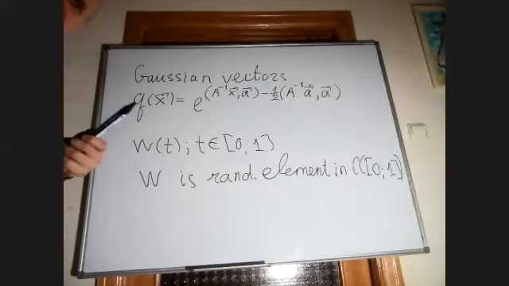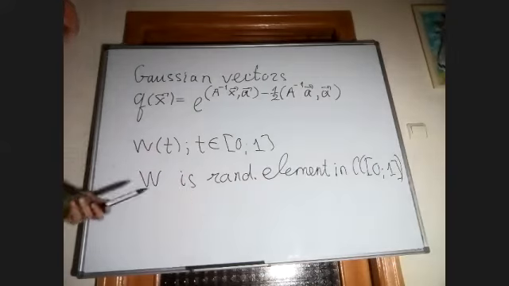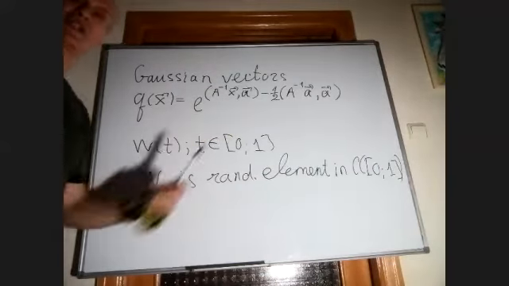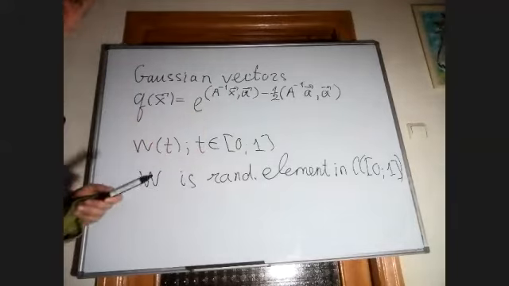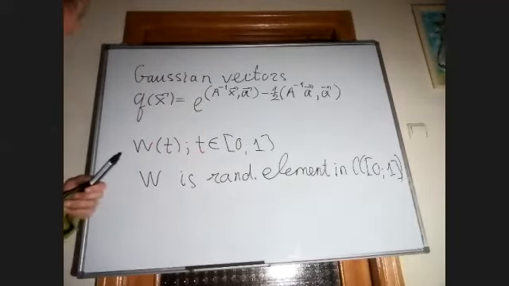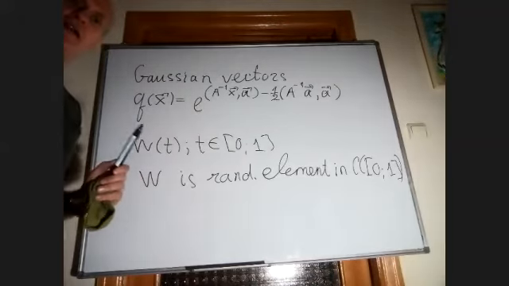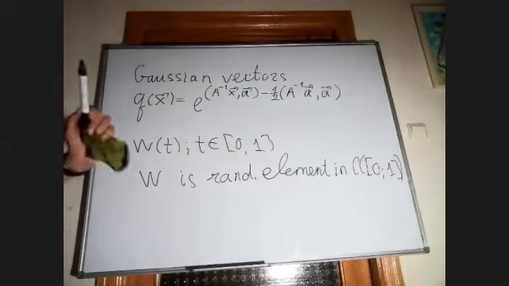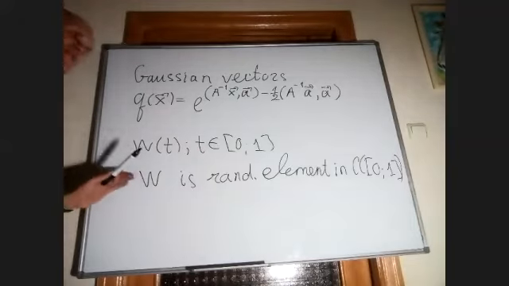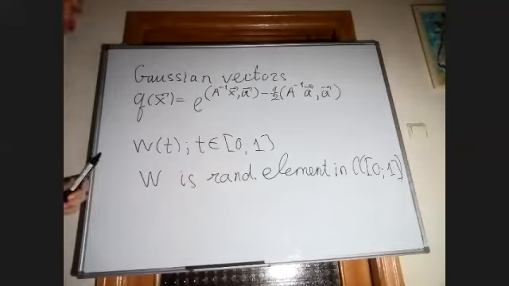So one can expect that when I shift W by some vector, some function, I will get an equivalently distributed random element, exactly as here. More or less it happened, but we must be careful because it is the infinite dimensional case.